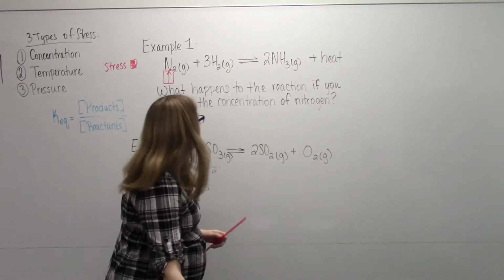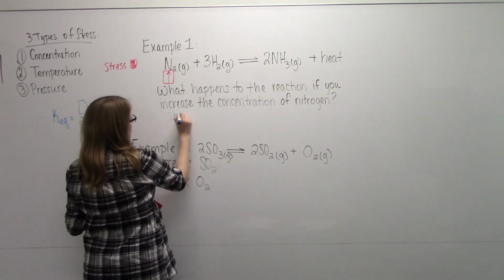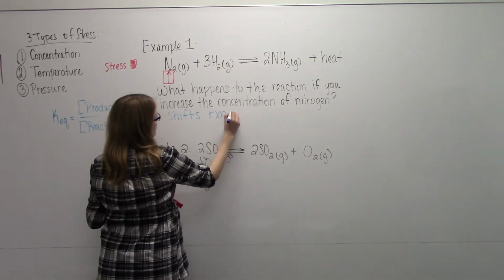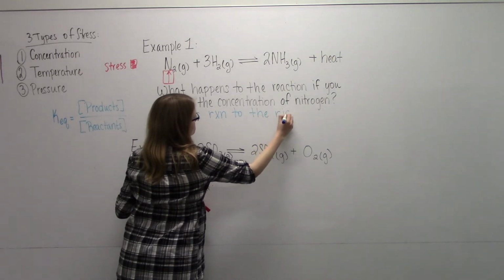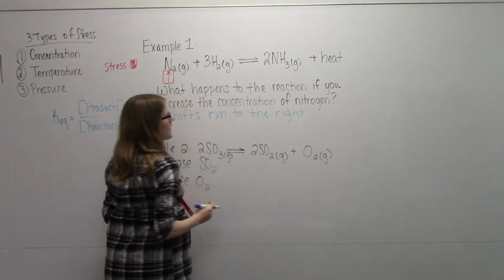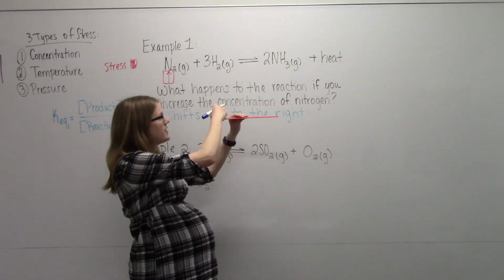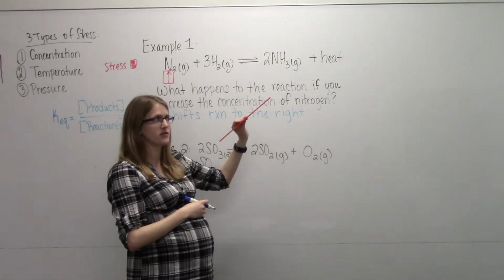So the first answer is shifts reaction to the right. Okay? Whatever side's higher, so we added this, causes this to go down, whatever side's higher is going to be the side that has the shift.